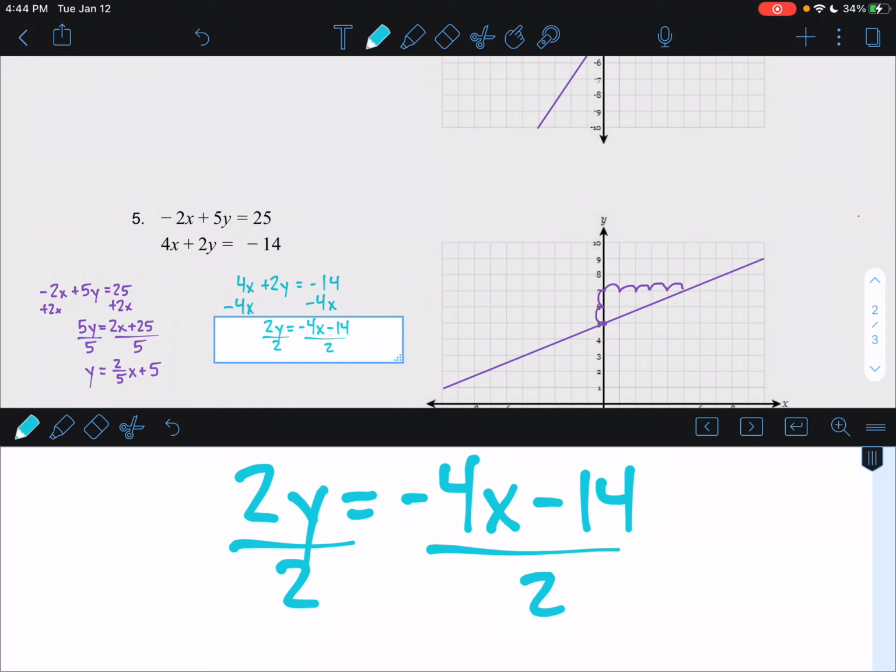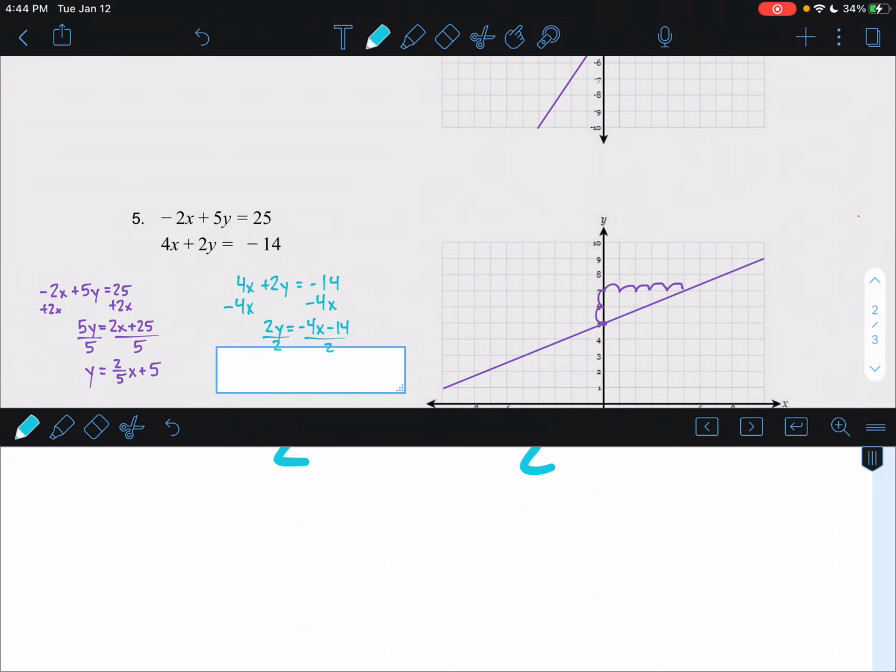Divide both sides by 2 to get y all by itself. And then I have y equals negative 4 divided by 2 is negative 2x, and negative 14 divided by 2 is negative 7. So y equals negative 2x minus 7.